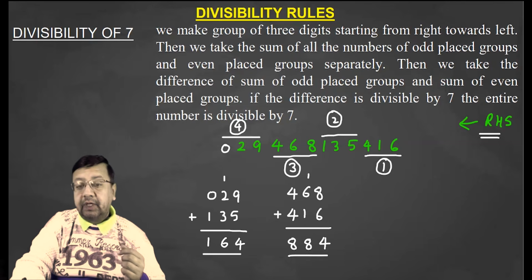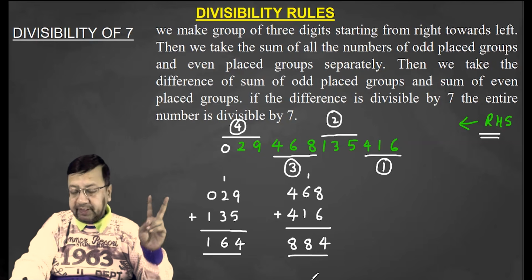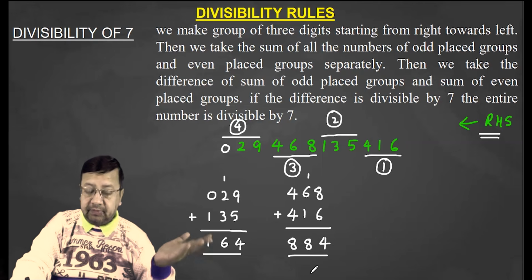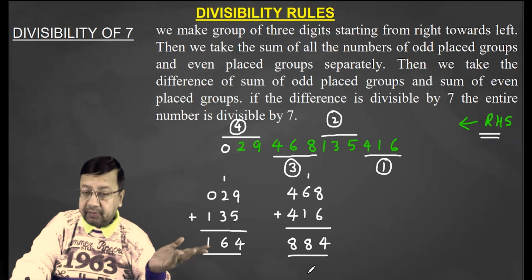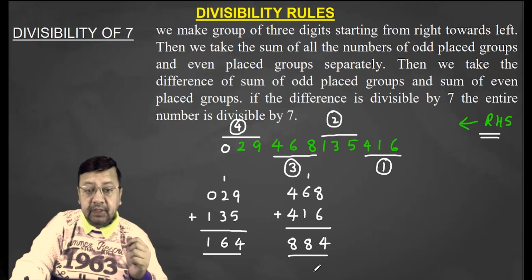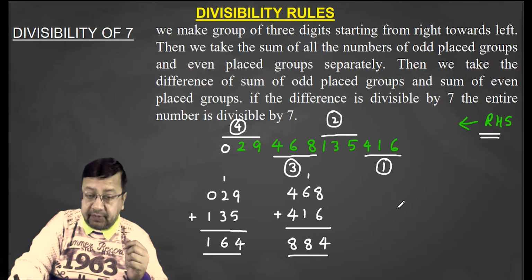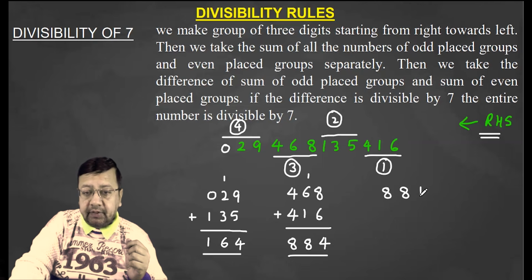So now we have two additions, one for the even place group and the other for the odd place group. Now, what is the next step? Now take the difference of these two additions, right? So this is 884 and 164.